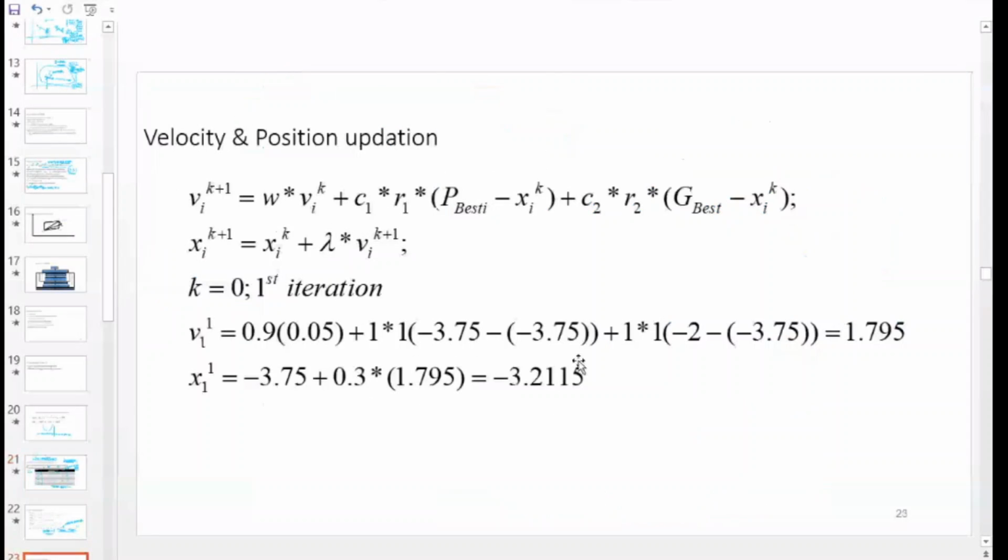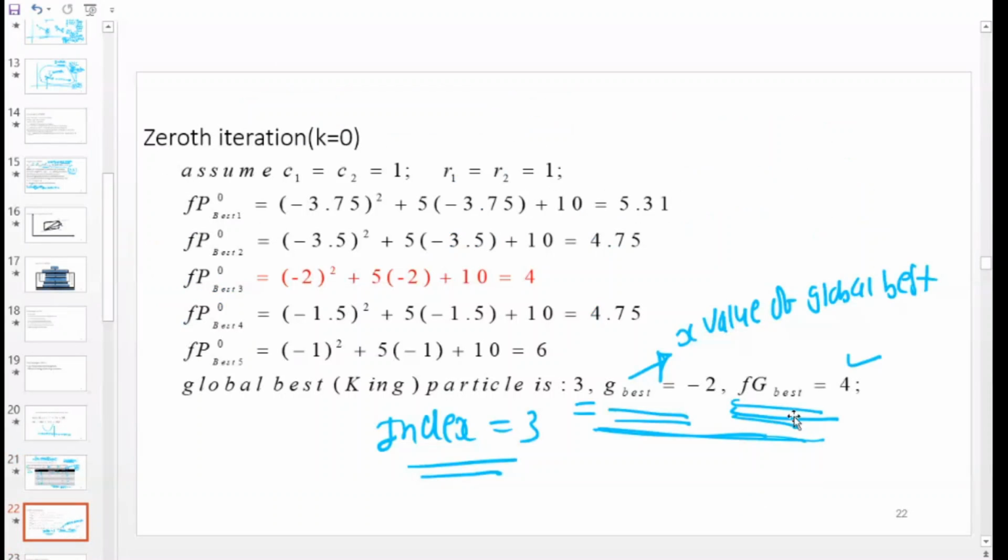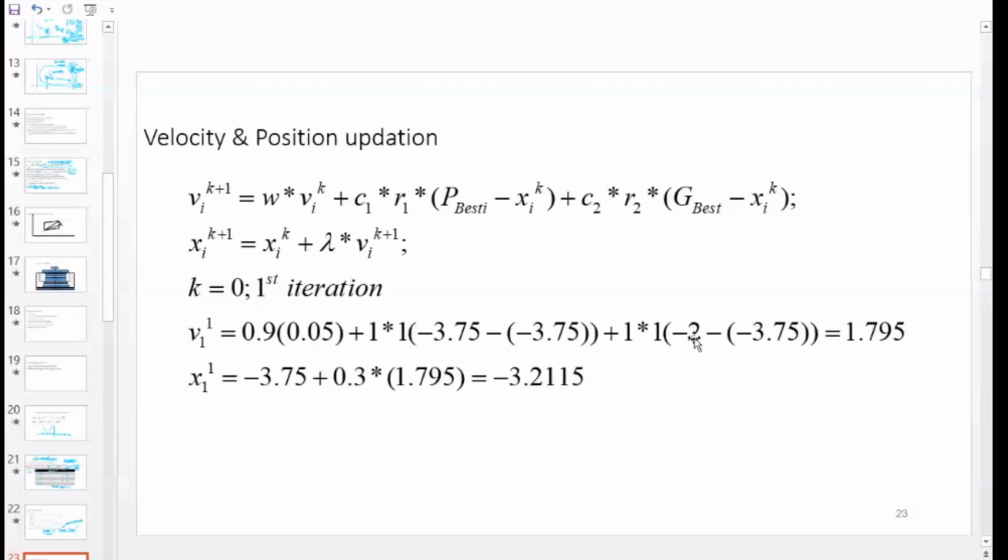So minus 3.75 plus C2 R2 both are 1 1. G based, what is the global based? G based x values. So minus 2, it is minus 2 minus current position. These and these are same, so it is minus 3.75. So ultimately the velocity, it means the step length of the first particle obtained is 1.795, right?